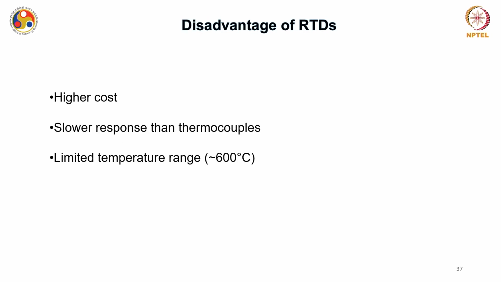However, they also come with various disadvantages. They are costly because you are using a very costly metallic thin film and then metallic wires. It's not that you are using metals like platinum just to make contacts; your complete device is made up of platinum. So cost is something you have to bear with. They are also poorer in response, particularly compared to devices based on thermocouples.